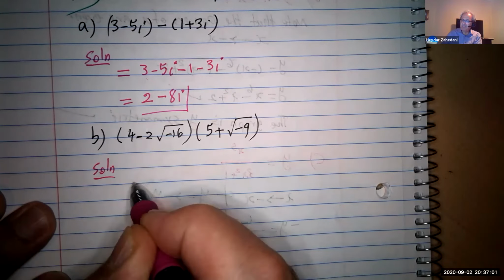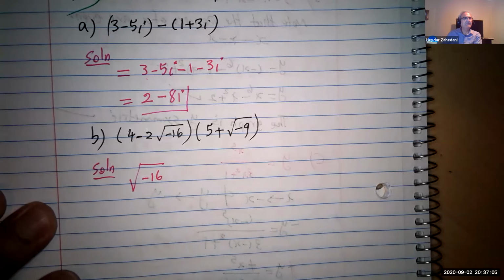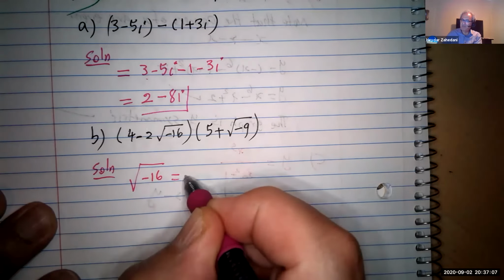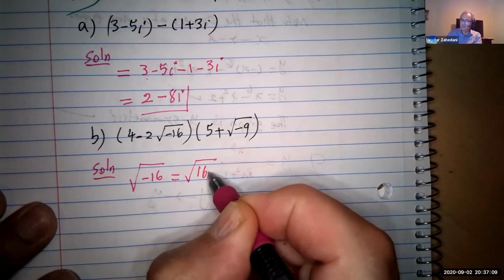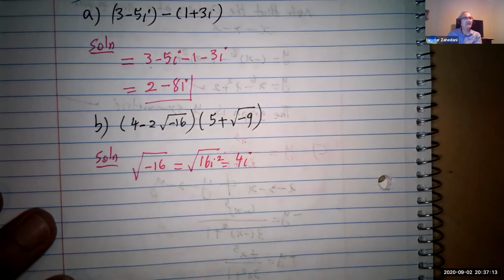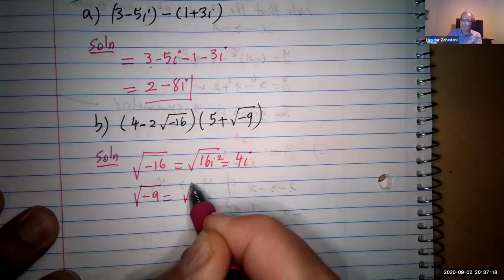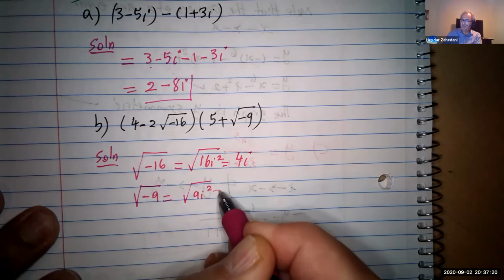Radical negative 16: we replace the negative by i squared, so it becomes radical 16i squared, which is 4i. And radical negative 9 would be radical 9i squared, which you change to 3i.